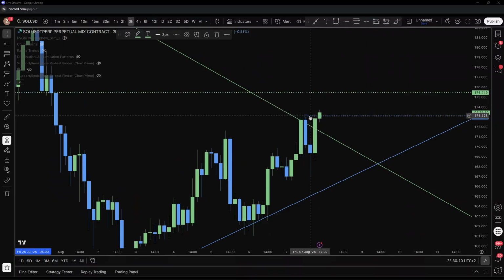Sorry, we're not going to hard close the break level. So that puts me in a big dilemma: do I take a long up here and it's going to bungee back down, or do I wait for a hard close of that, in which case I'm already going to be at my target?